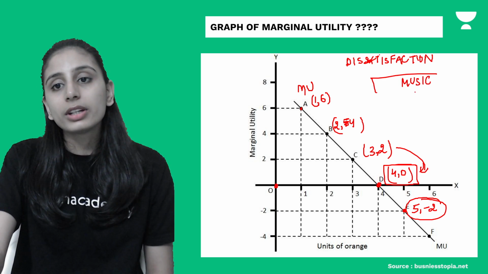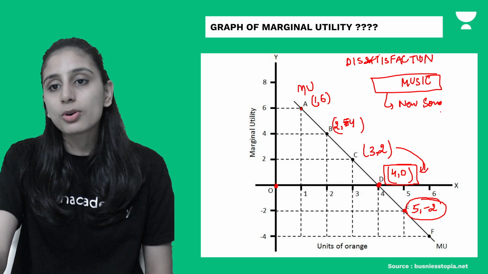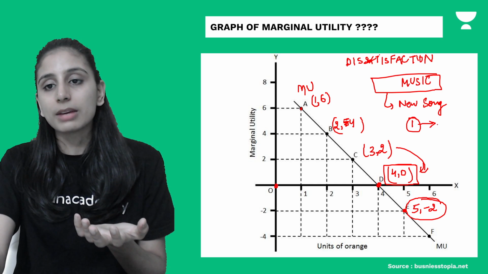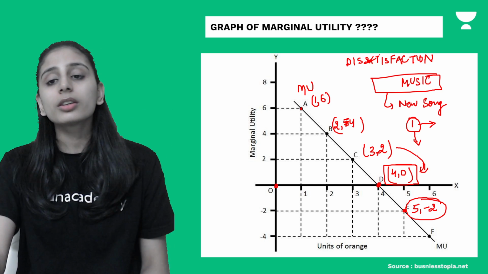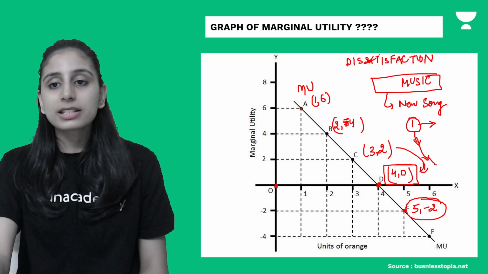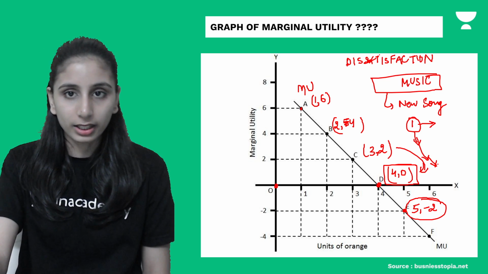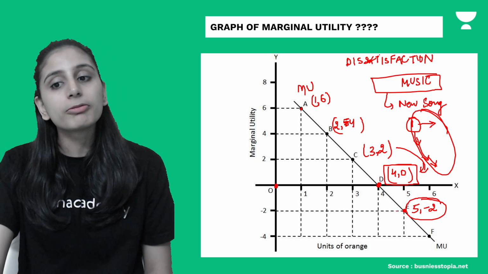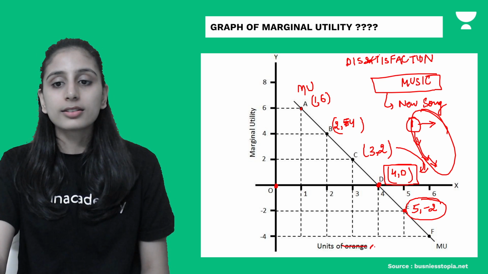Say there is a new song you want to hear. When you hear it for the first time, if you feel like listening, you'll get a lot of satisfaction. But if you keep listening to the same song again and again, ultimately it will bore you or you won't like it. And a time will come when, if someone forces you to listen, it will trouble you. What does that mean? That you get dissatisfaction. Okay, so this is the reason that marginal utility even goes negative, to the negative Y axis.